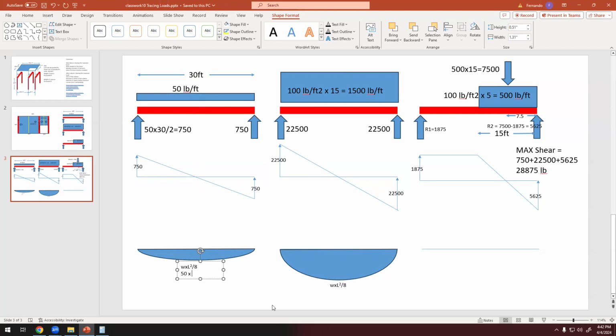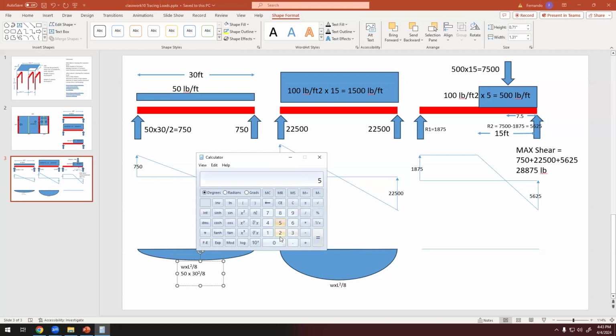Times L square is 30, divided by 8. So how much is this?